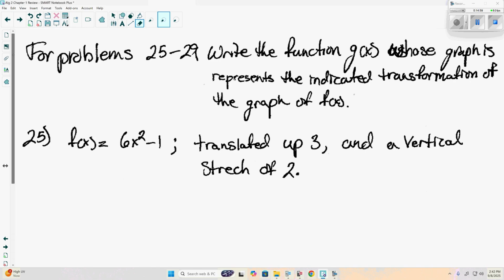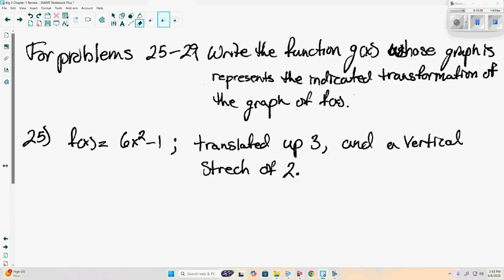We want to apply these transformations. Now, when we apply the transformation, I would be sticking to these general forms for vertical and horizontal translation, reflection, vertical stretch, or shrink. I am not including horizontal stretch or shrink on the test. There will not be a problem that asks you to stretch the function horizontally or shrink it horizontally.